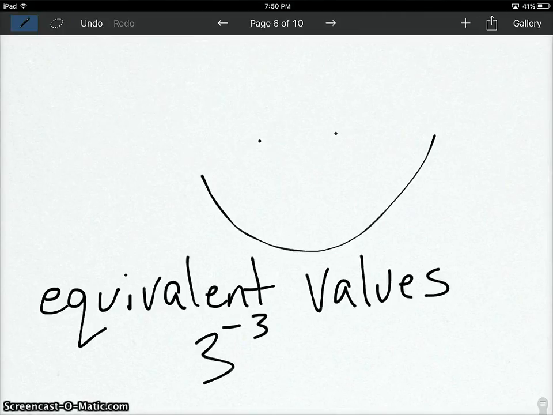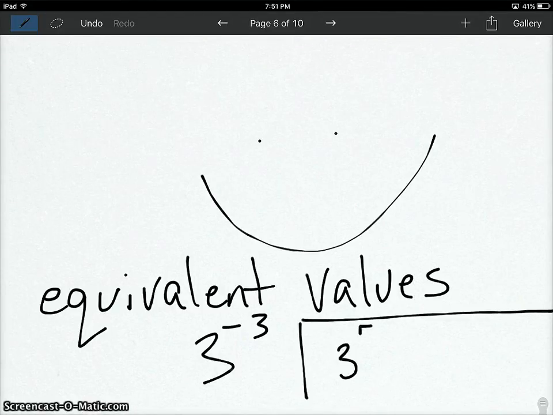So if you don't remember how to do those exponents with negative numbers, or another scenario you might see is going to be 3 to the 5th times 3 to the 3rd. And they're going to ask you to simplify it. Or they're going to ask, what's another way to write that? If you don't remember how to do those, you need to go back and look at your notes over exponents.